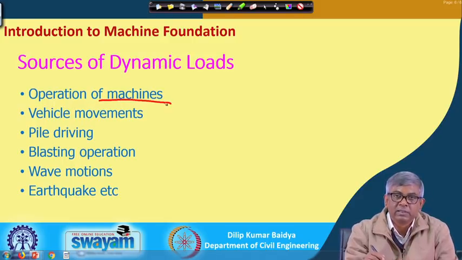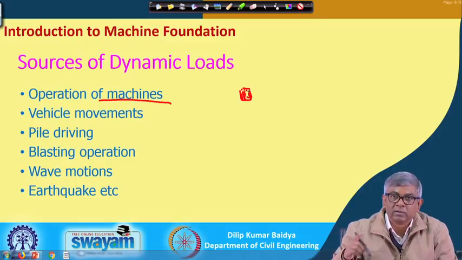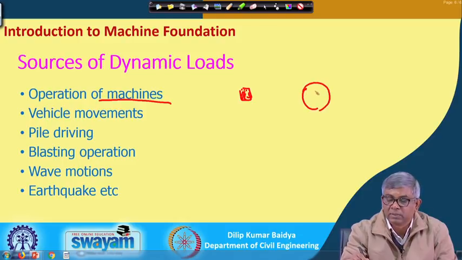That means, in the machine sometimes there may be some amount of force applied at some interval. So, at a particular frequency it is coming, and that also creates dynamic force. Or sometimes in the machine itself there may be some rotating part, an eccentric rotating part. Suppose this is a mass and it is rotating, and in this mass there may be some eccentric mass here and it is rotating.